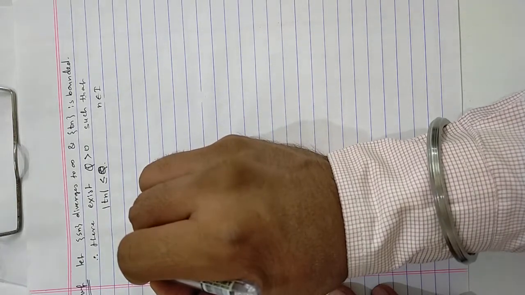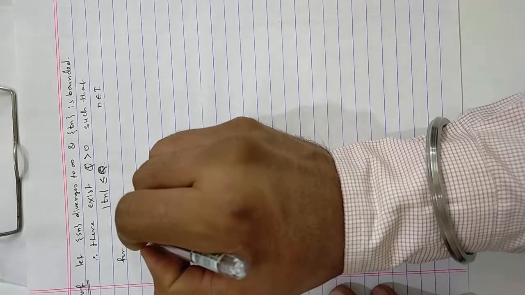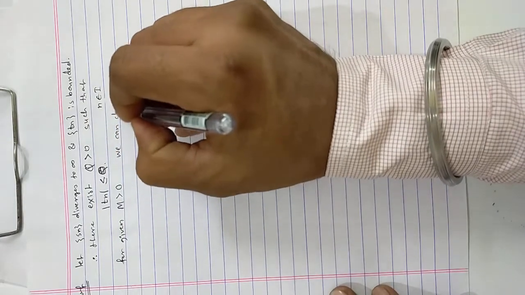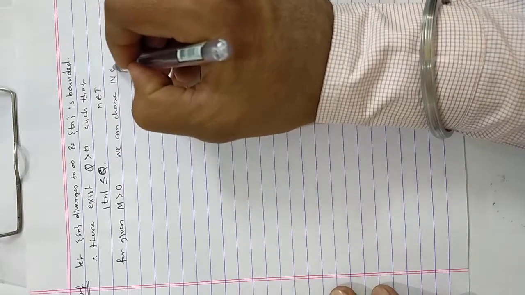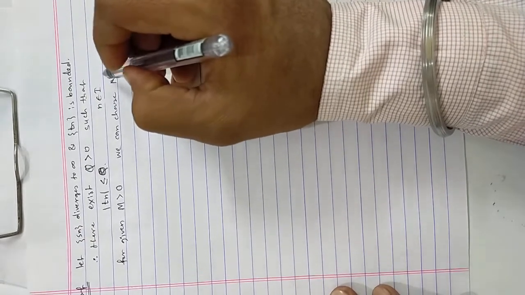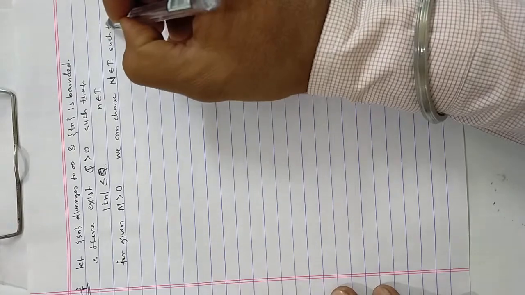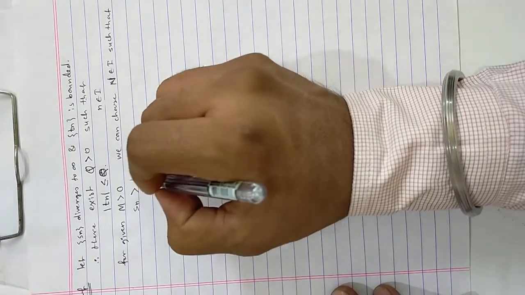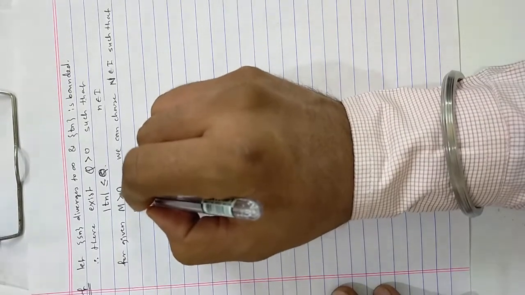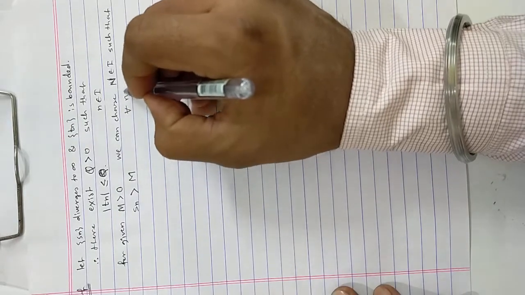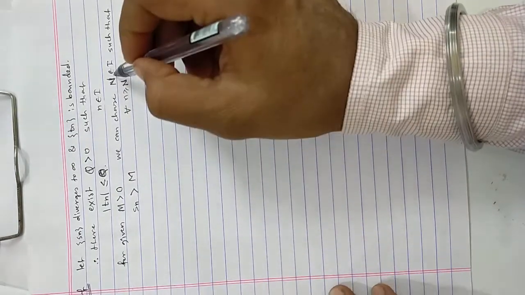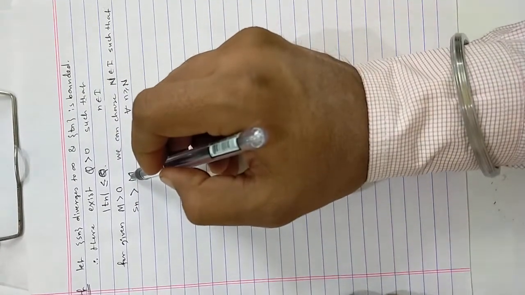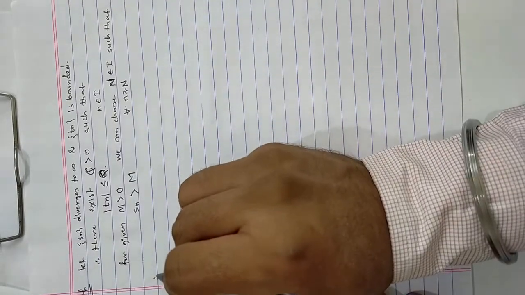So by the definition of divergent sequence, for a given positive real number m, we can choose some large positive integer n such that the nth term of the sequence is greater than this positive real number m, and it is true for all n greater than or equal to this large n we have chosen, after which every term of the sequence is greater than the real number m.